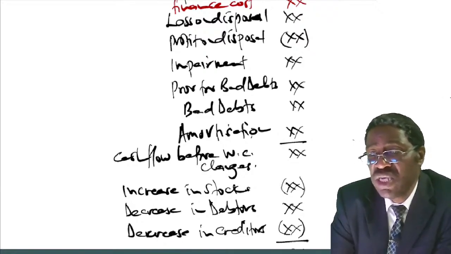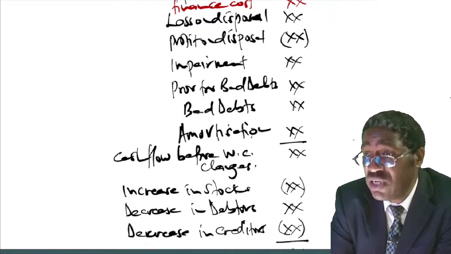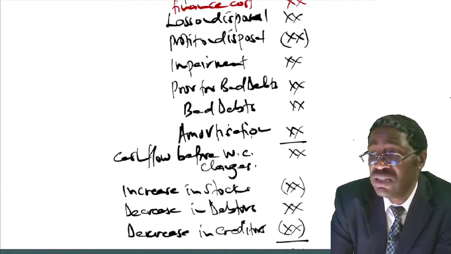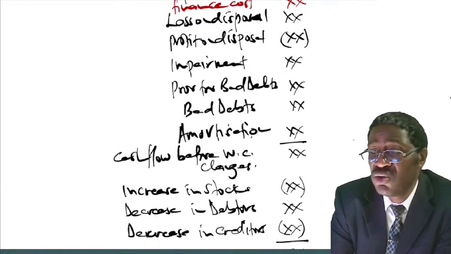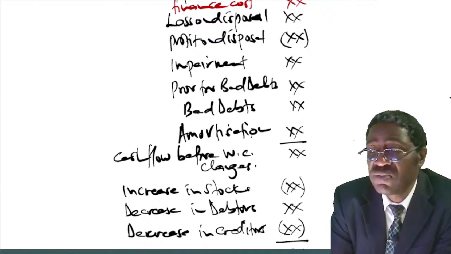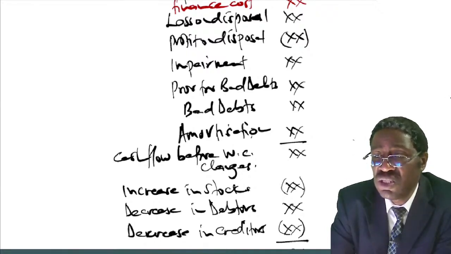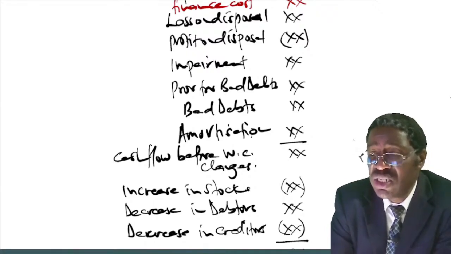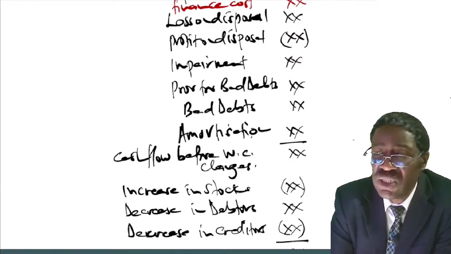They are putting increase in stocks, that's a negative. Then you go to decrease in debtors, that's an inflow. Then you come to decrease in creditors, that's an outflow. Copy those three more. I roll the page.